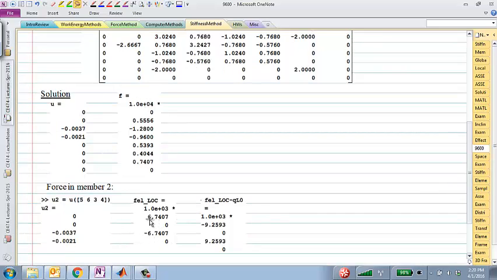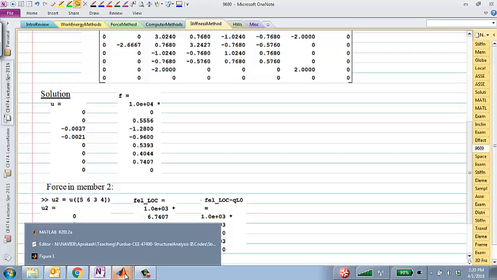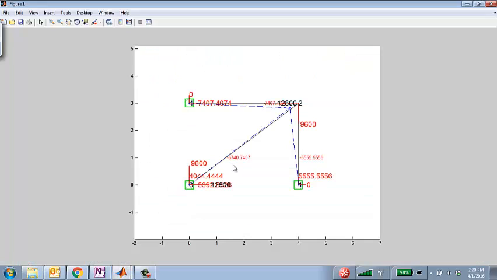This number, 67407, is the internal force that the Matlab code will plot for you. That's 67407, that's the internal force. But since there was an initial misfit, Matlab does not know whether that force came from a misfit or from an external load.